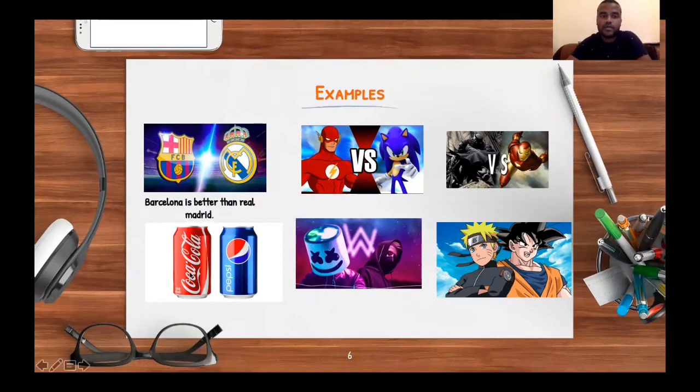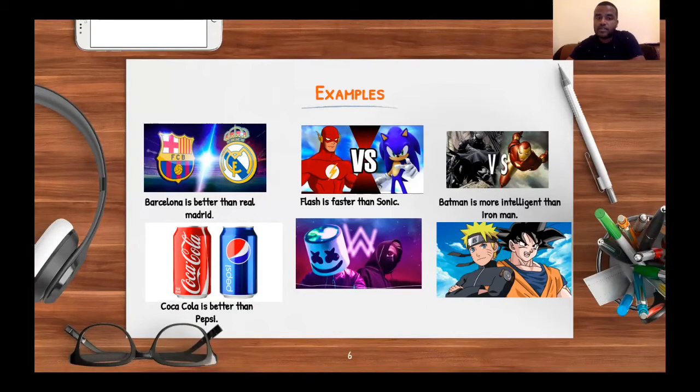For example, Barcelona is better than Real Madrid. Flash is faster than Sonic. Batman is more intelligent than Iron Man. Coca-Cola is better than Pepsi. Marshmallow is more popular than Alan Walker, and Naruto is stronger than Goku.